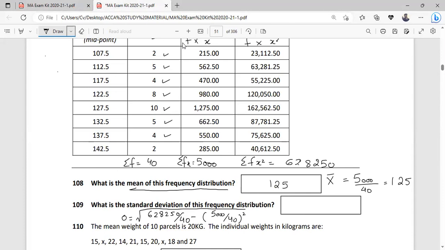So we can solve this, and the answer is 9.01.